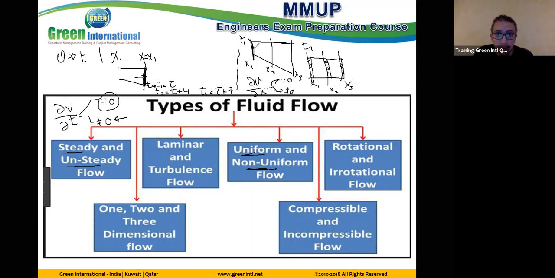For example, if we apply here, I need to check whether this is steady or unsteady. I select this position and I check the velocity profile in this position with time. With time, but the position does not change. The profile here now, after 5 seconds, 10 seconds, 20 seconds, 30 seconds, 1 minute, and so on. If the profile is not changed, it means this is steady.